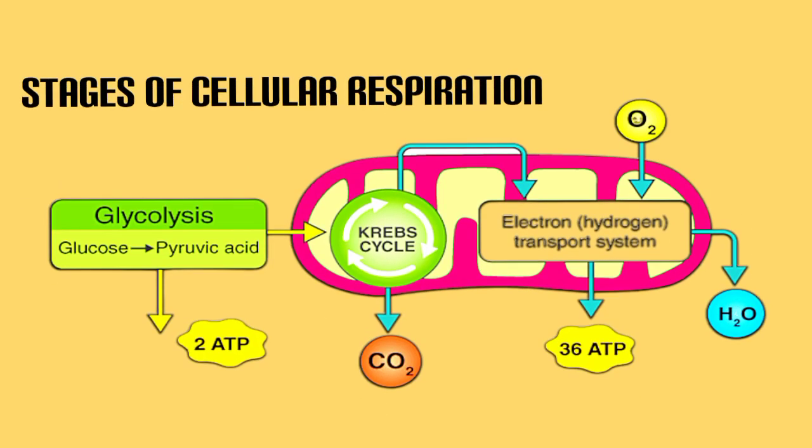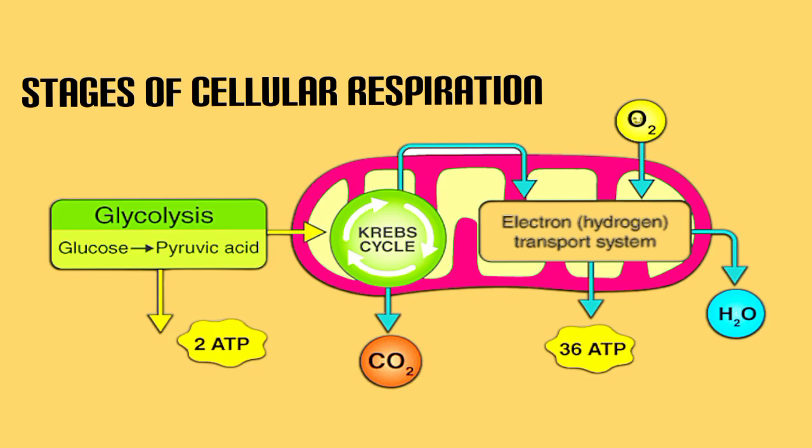The stages of cellular respiration. Now, the first stage of cellular respiration is actually the anaerobic respiration, which takes place in the cytoplasm. This process is called glycolysis. Glycolysis is split into two: glyco from glucose and lysis meaning the splitting. So glycolysis is simply the breakdown of glucose in the cytoplasm.